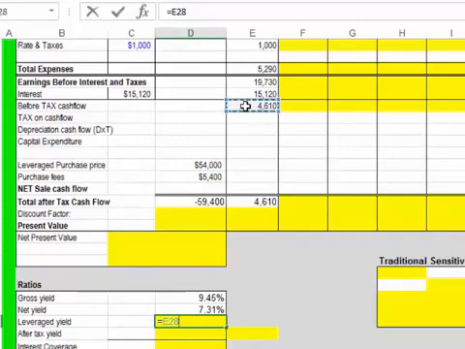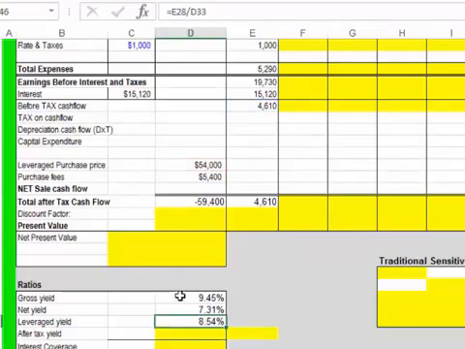We divide that not by the total value of the property, because that's before we apply debt funding to it, but how much cash we actually spend. We find that in cell D33. We do that division, and that's 8.54%.